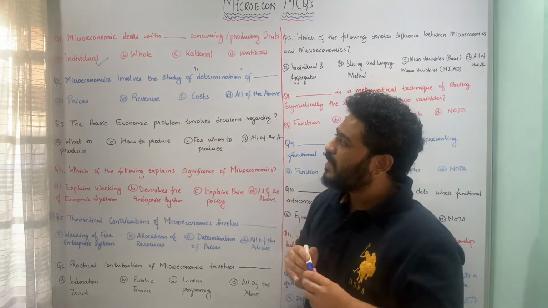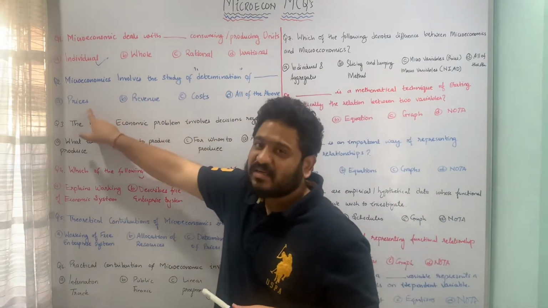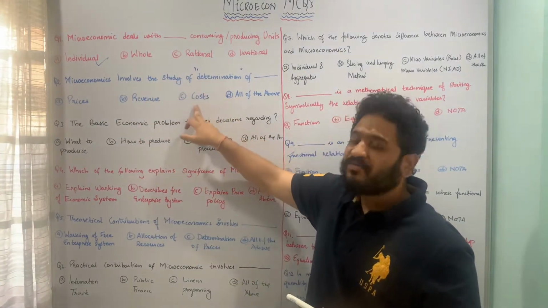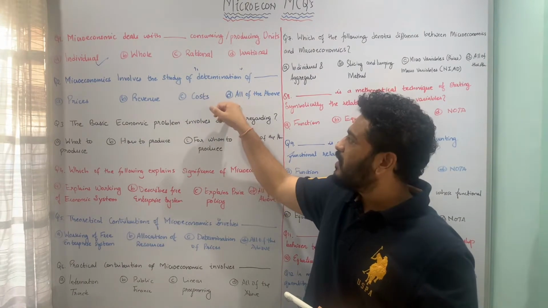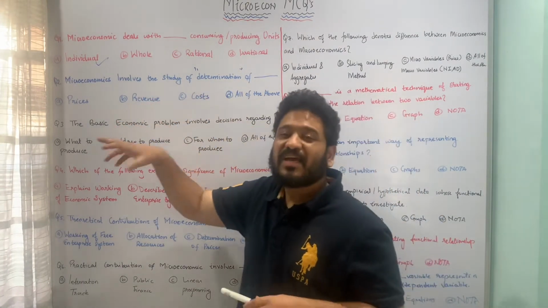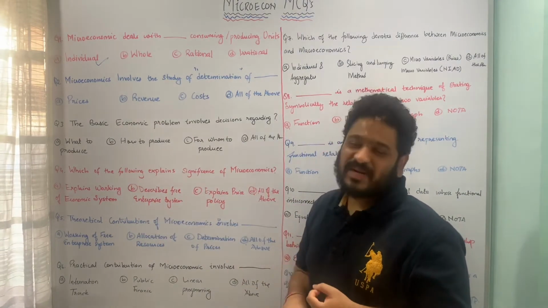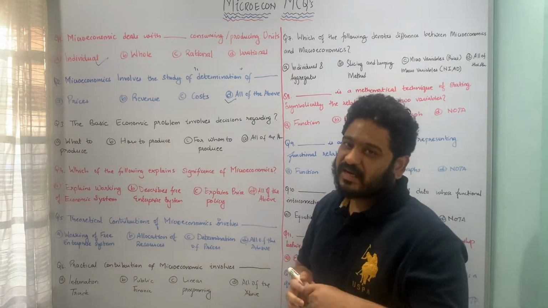That means microeconomics involves the study of determination of prices, revenue, costs, and all of the above. So here the correct answer is option D, all of the above, because microeconomics involves the study of determination of costs, prices as well as revenue, and therefore option D, all of the above, is the correct answer to this particular question.